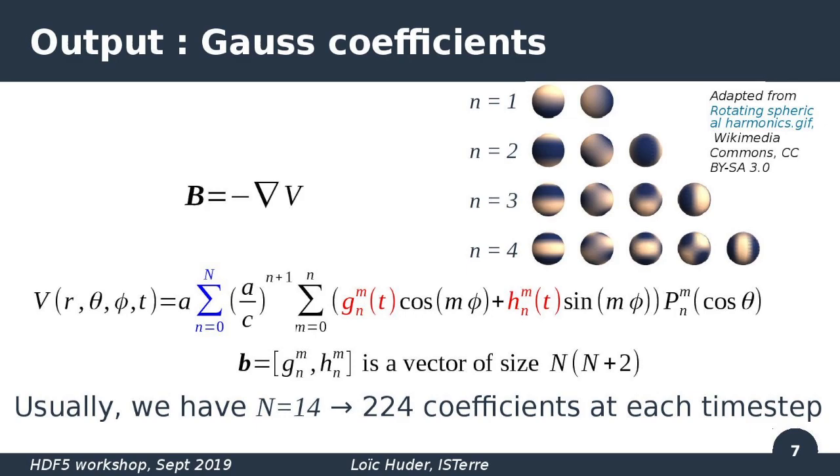What I want to show you here is that if we want to study the evolution in time of the magnetic field, we only need to consider these coefficients shown in red, because these are the quantities of interest in our data assimilation algorithm.